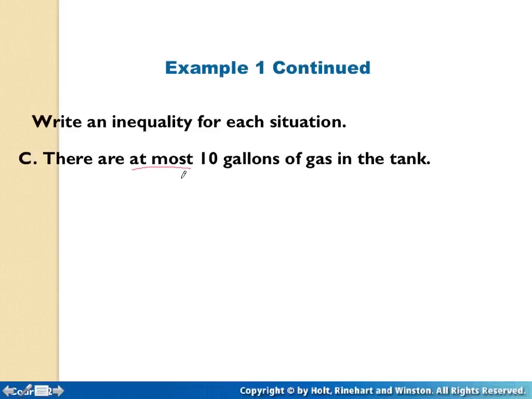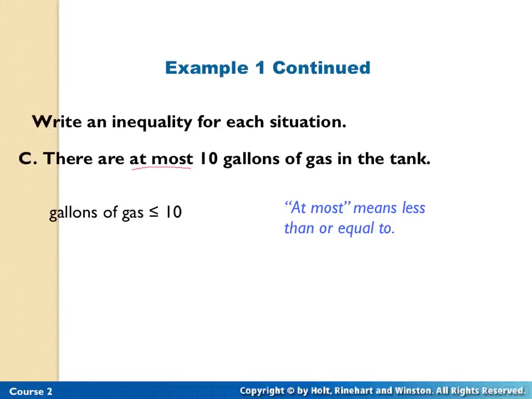That means that there could be 10 gallons, but not more than 10 gallons. At most means less than or equal to. And you need to just memorize that chart. So the gallons of gas is less than or equal to 10. Memorizing those hint words is going to be important.